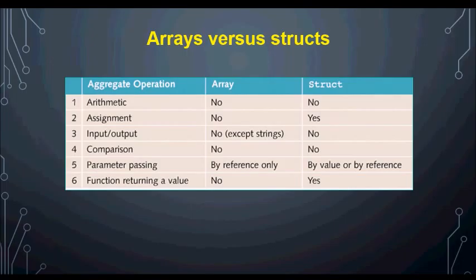For struct, it is no. Comparison, array no, struct no. For parameter passing, array is by reference only, and struct is by value or by reference. And for function returning a value, there's no in array but there's yes in struct.